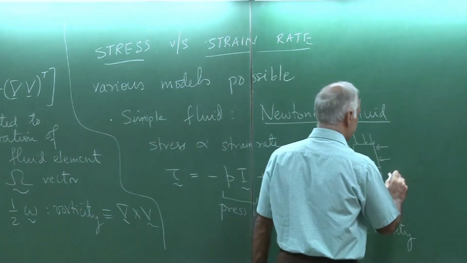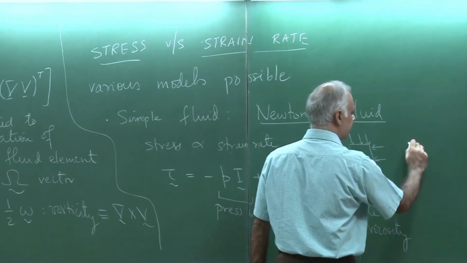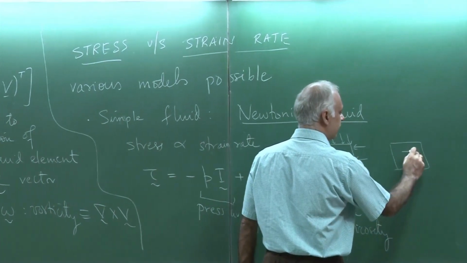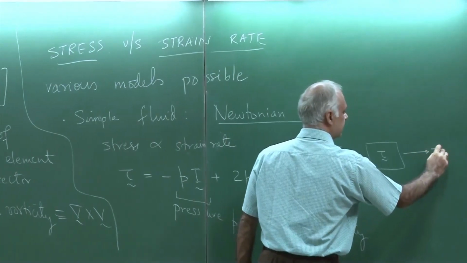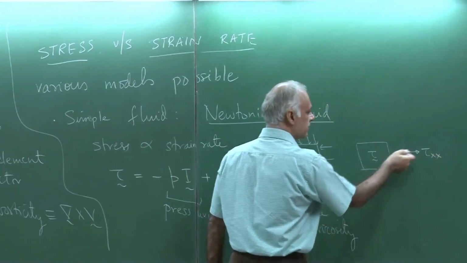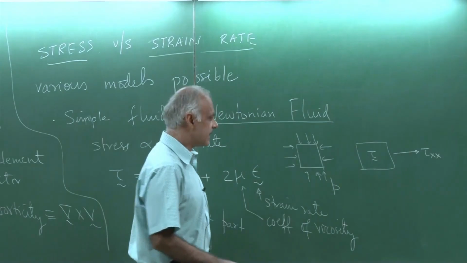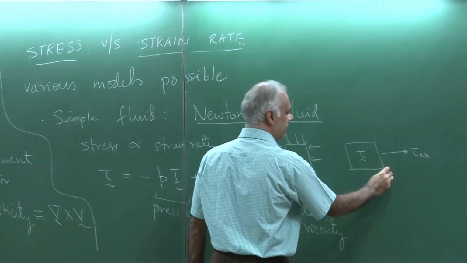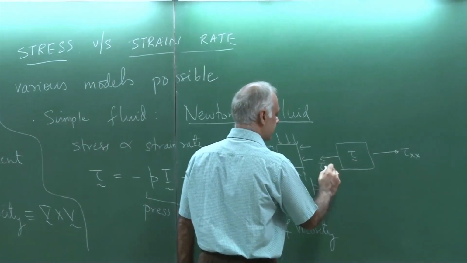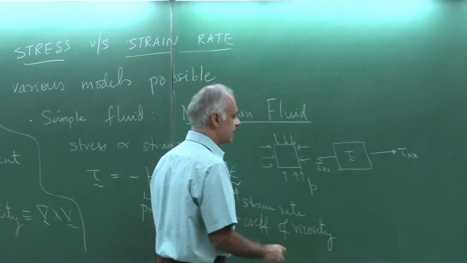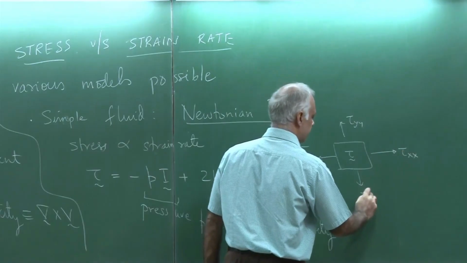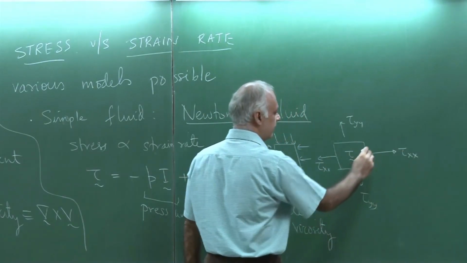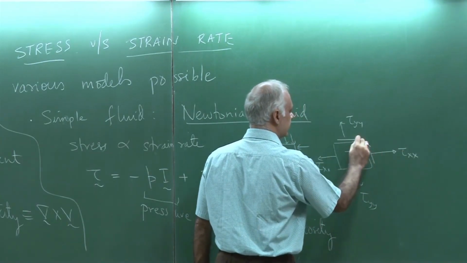If you remember, this is P, and the convention for tau that we followed is that this is tau xx. So, it is positive in the positive x axis on the positive x face, and of course, here it would be pointing in the other direction. This would be tau yy, and then we had these shear stresses.